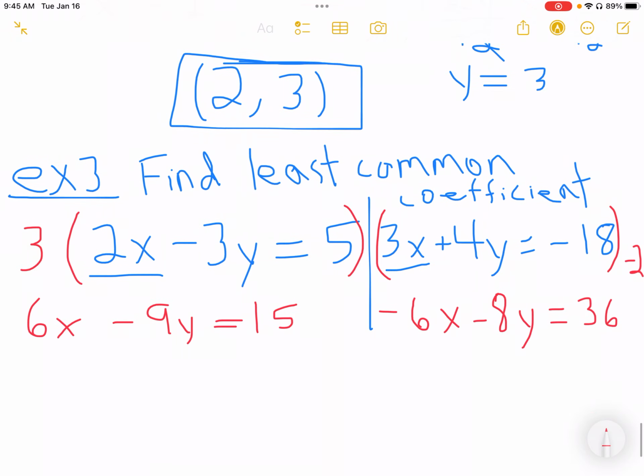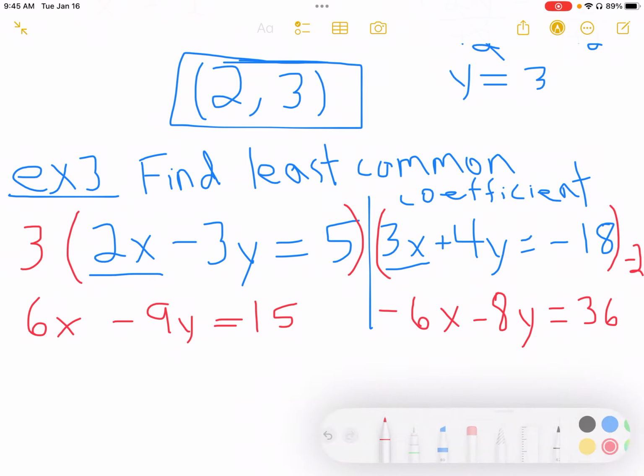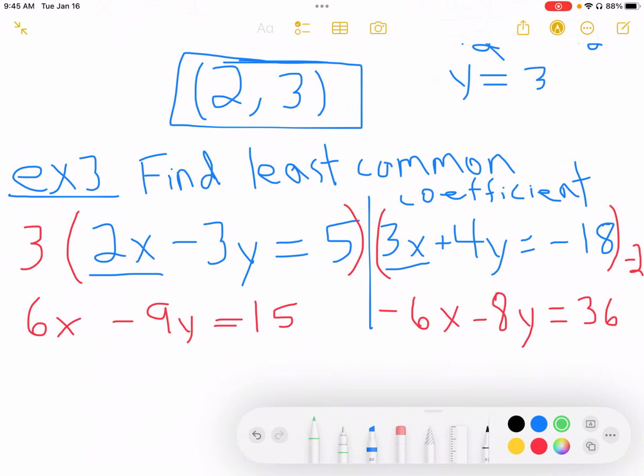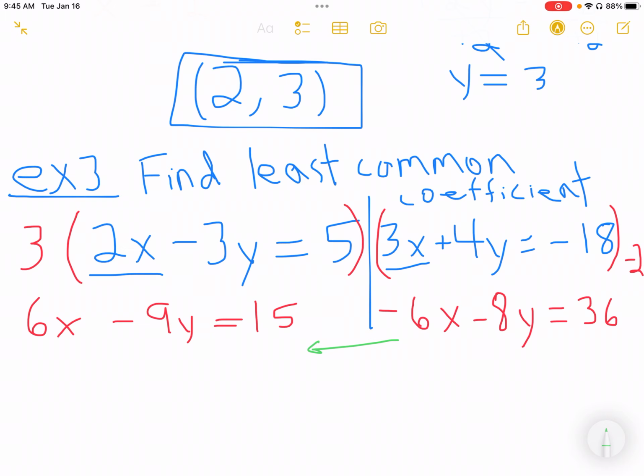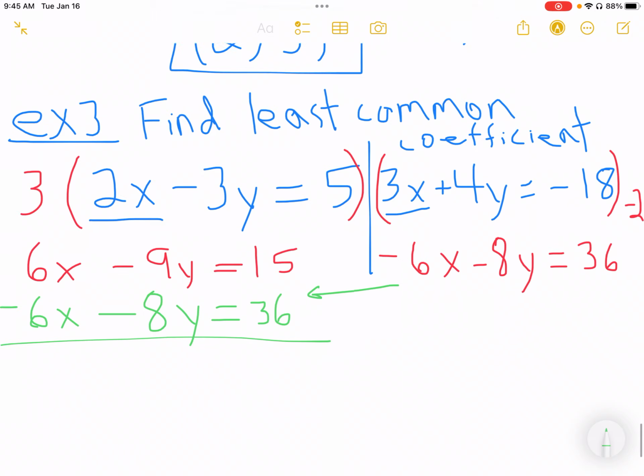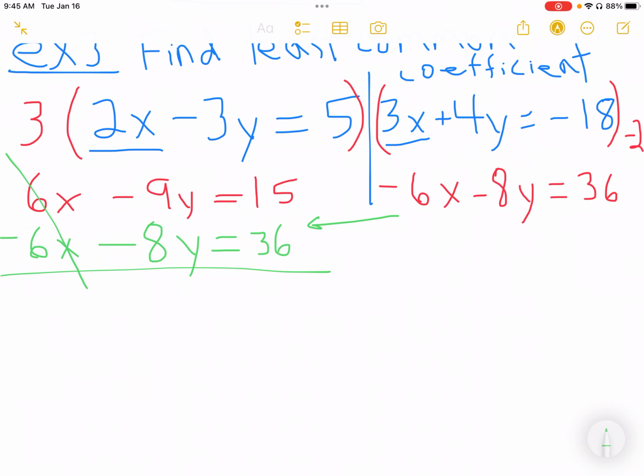Okay, now I can add them together. However I want to move them over here, let's move it over here in green. And I say, okay, minus 6x minus 8y equals 36. And let's add those together, so that means my x's are gone, and I have minus 17y, and then over here I have 51, okay?